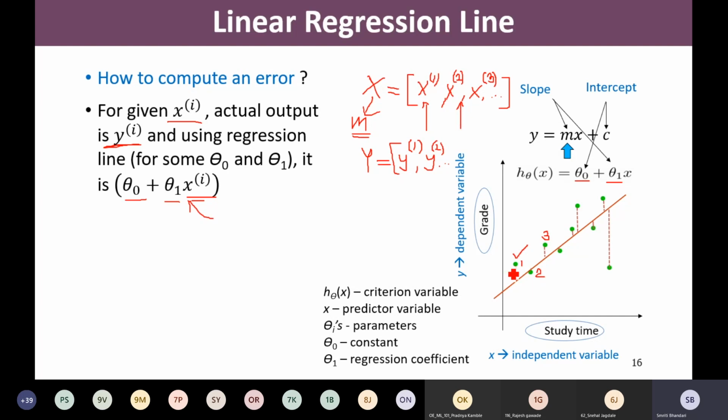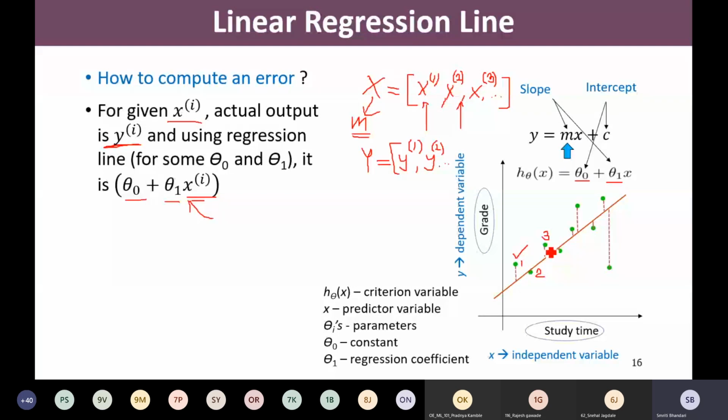And this individual sample in my data set is represented as X superscript i. So i stands for the number of that particular student. So for the first student, I am representing the input data for this first student as x superscript 1. If this is my second student, how am I going to represent the input data for that second student? I'll be representing that data as x superscript 2.